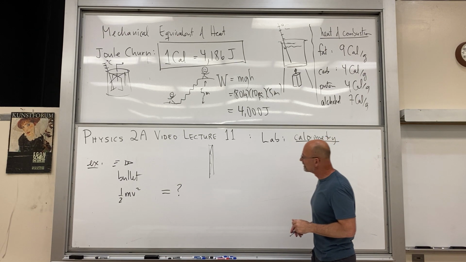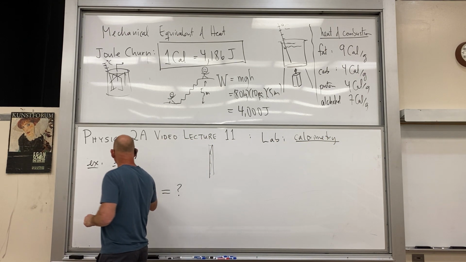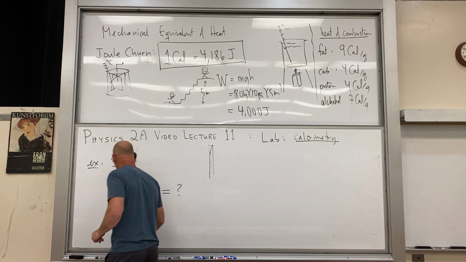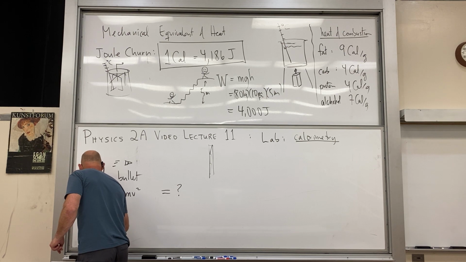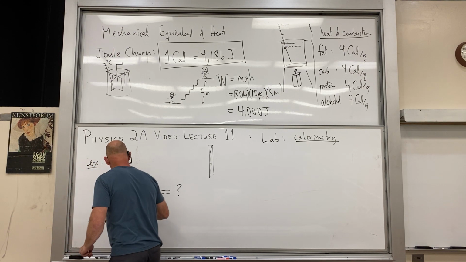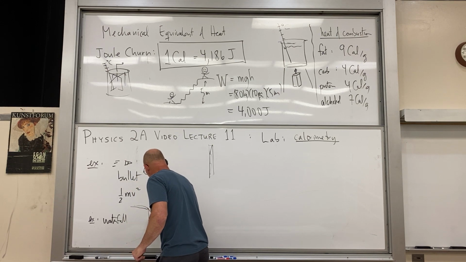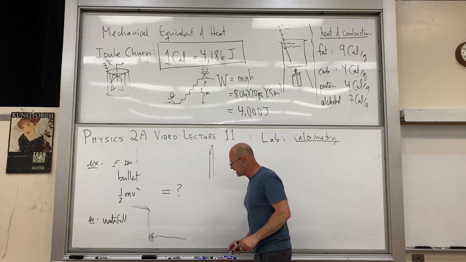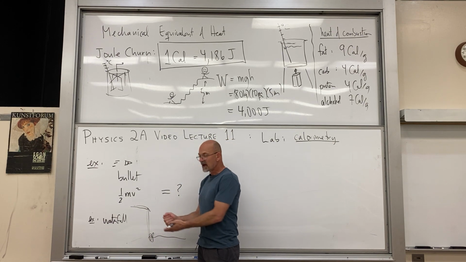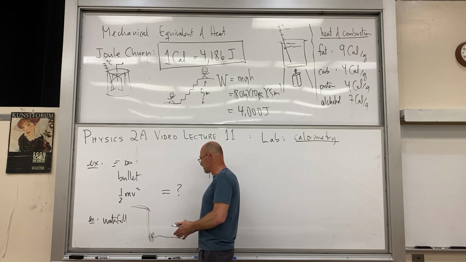Another example, so this was the bullet. Okay, I already wrote bullet. The second example is the waterfall. So we've got water flowing over the waterfall, and then it comes down here, it flows away. Is the water warmer at the bottom here? And after all, it's fallen and collided with the ground, with the rocks and stuff.